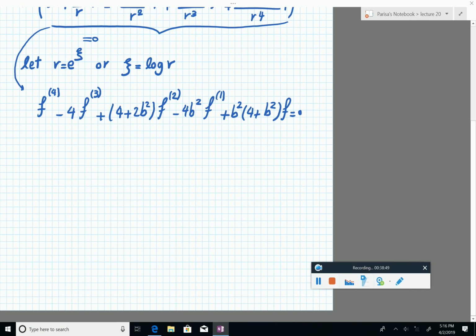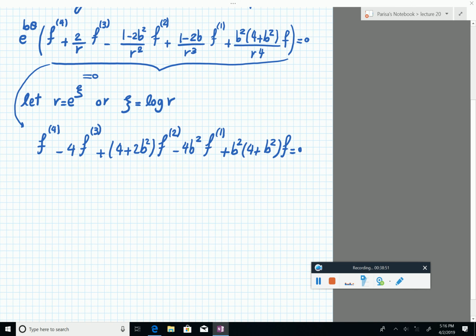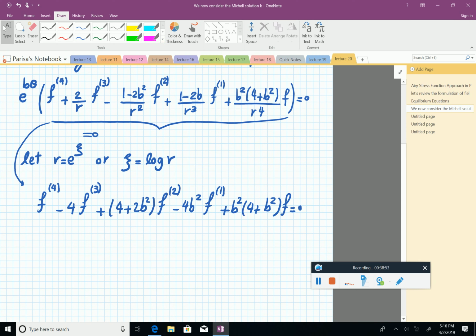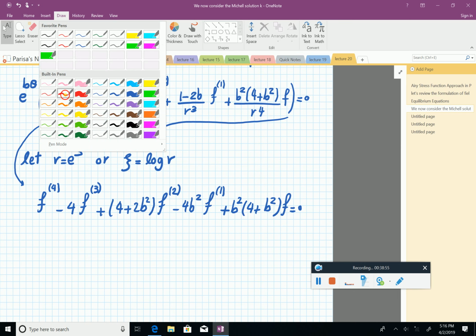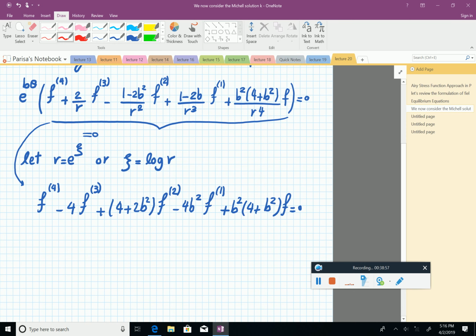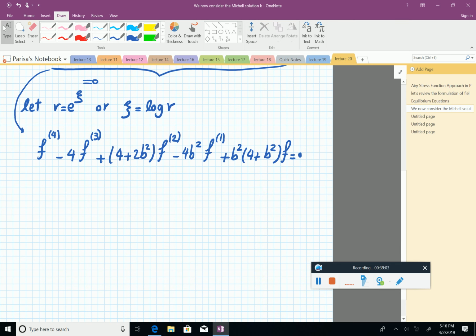And the meaning of derivatives are different. In here, when we talk about derivative, on the top it is the derivative with respect to r. When you look at the bottom, this derivative is with respect to the new variable c, right? We changed the variable to be able to do that. Just pay attention to that.